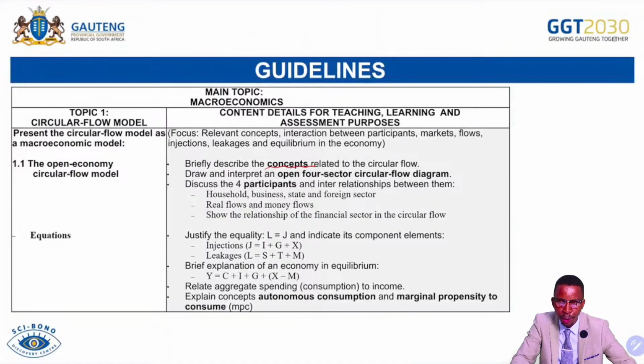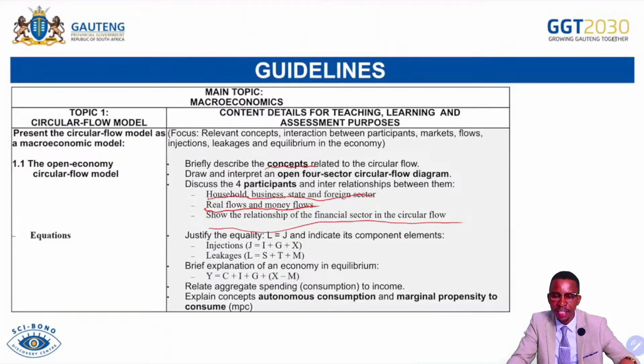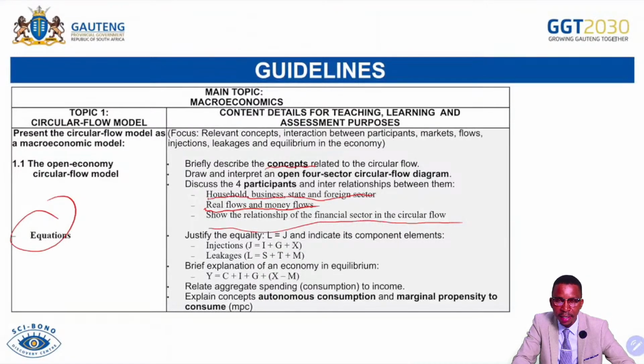It is very important for you also to know the interaction between all of these participants, and then know the difference between real flow and money flow and their components, and then show the relationship between the financial sector and participants in the circular flow. And then also equations for injections and leakages. It is important for you to know that whenever we have leakages being equal to injections, we have economic equilibrium.